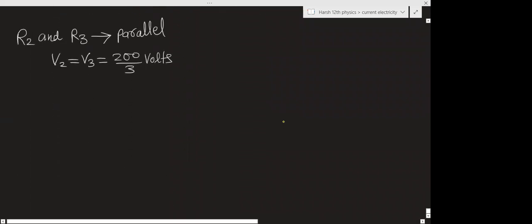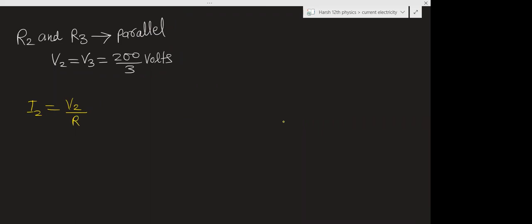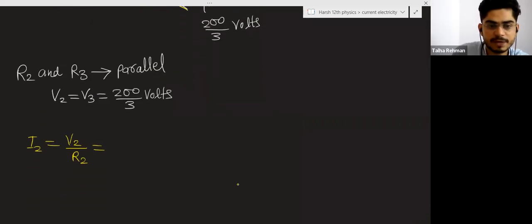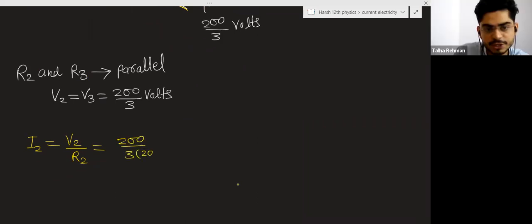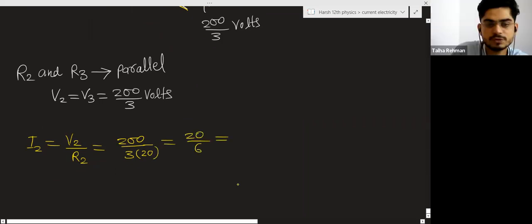So for I2, you will have V2 divided by R2. V2 is 200 divided by 3 and R2 is 20. When you calculate this, you will get 20 by 6, or further solving, 10 by 3 ampere.